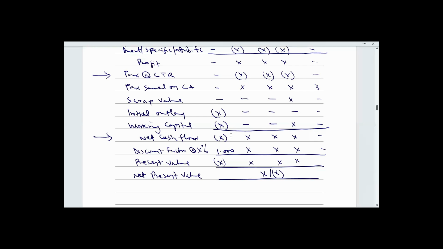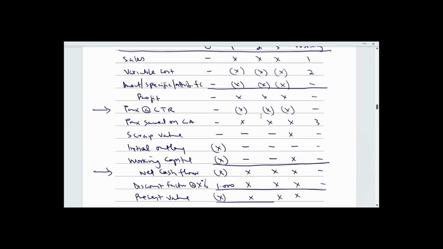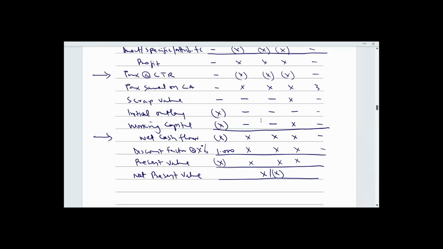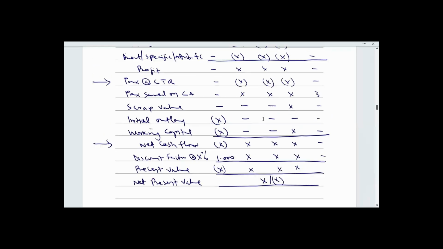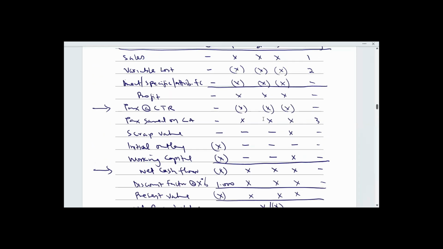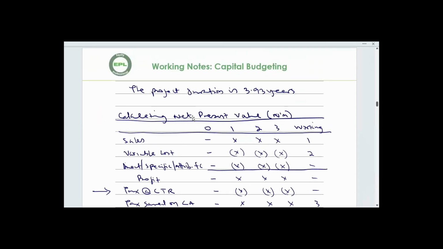You can calculate internal rate of return, project duration, modified internal rate of return, and adjusted present value. Once you get to your net cash flow, you can use it to calculate using any technique. So this is how to calculate NPV, and these are all the explanations under capital budgeting.